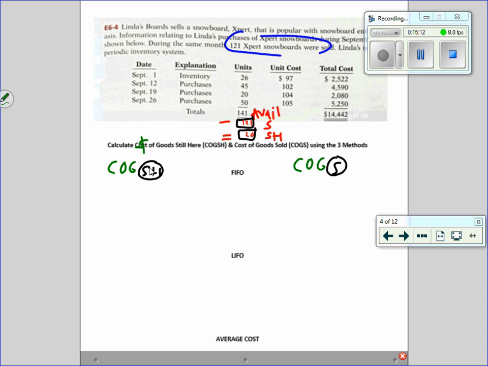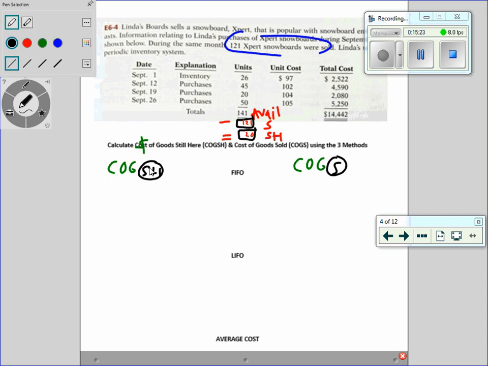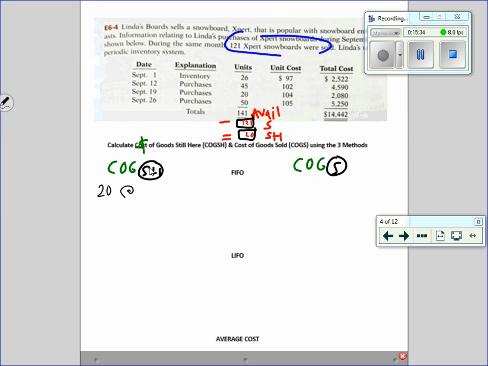Well, how many things do we still have here? 20. Again, let's get a tiny pen here. 20 at, the stuff still here, using FIFO. First in is the stuff that's gone, is the first out.